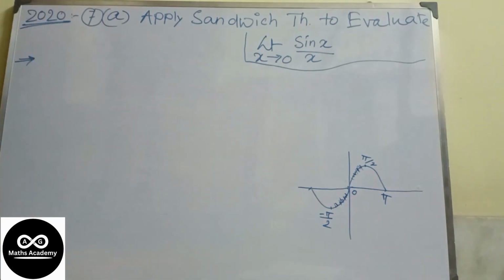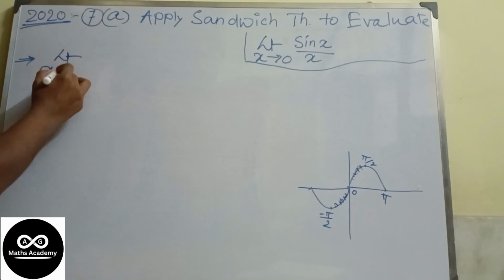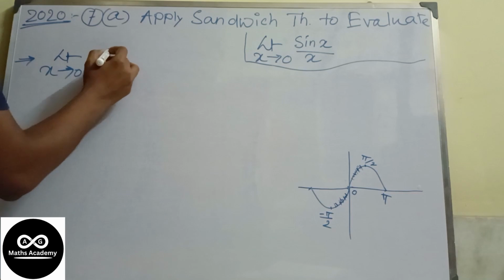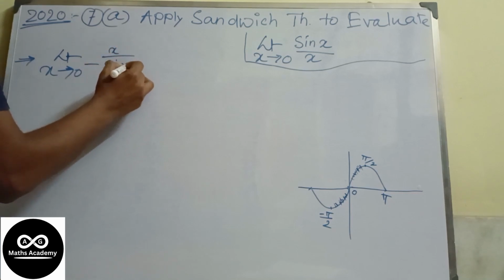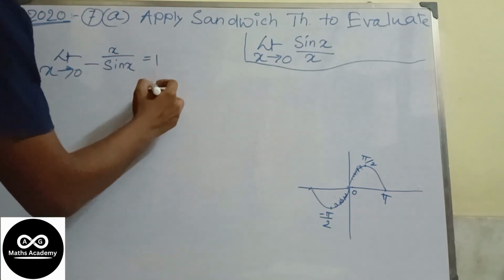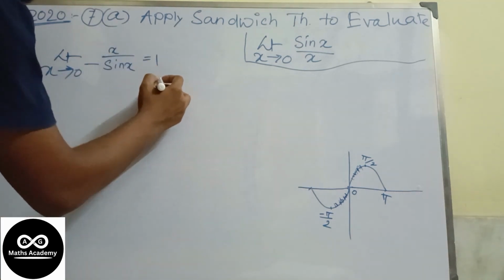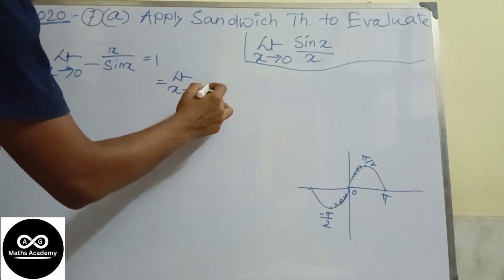Now the left hand limit of x by sin x is 1, which is also equal to the right hand limit.